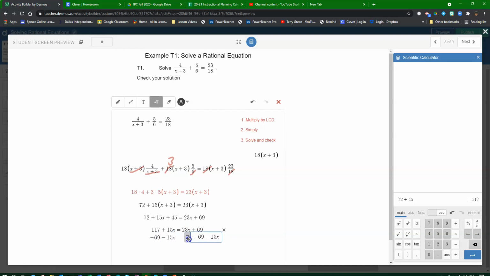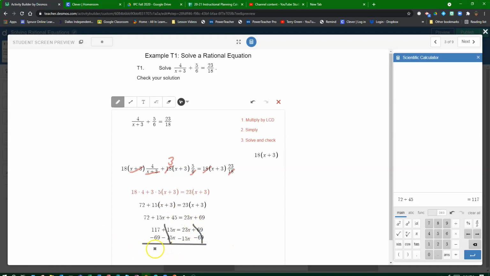It'll look better if I do it like that for this side, so you can see what's going on here. And let's draw my line. Let's go ahead and simplify. The 15s are gone. The 69s are gone.